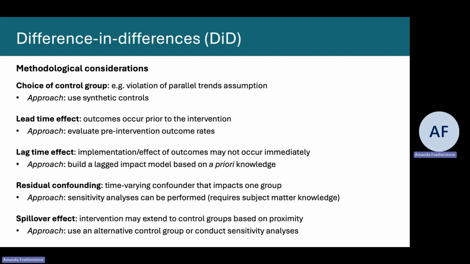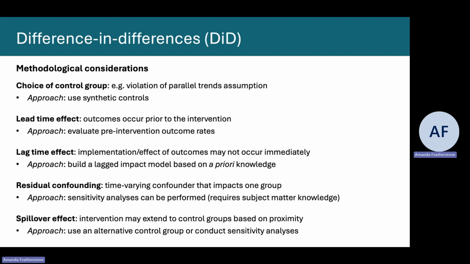Additionally, we should be considering whether there may be any residual confounding, such that perhaps a time-varying confounder may impact either our intervention or control group and not the other. This can be mitigated by sensitivity analyses. And finally, spillover effect. This occurs when the intervention may extend to control groups based on proximity.